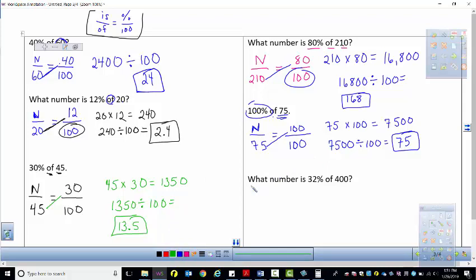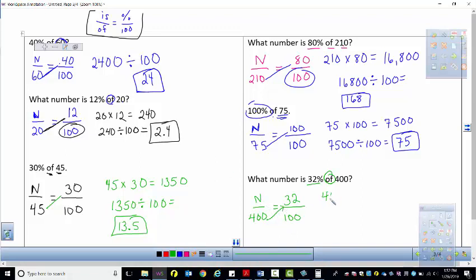Okay, the last one. What number is 32% of 400? So my two fractions. 100 is here. 32 is a percent, so it's above 100. The of is 400. I don't know the is, so I don't know the top number, so that's an n. And then I have to cross multiply to solve a proportion.